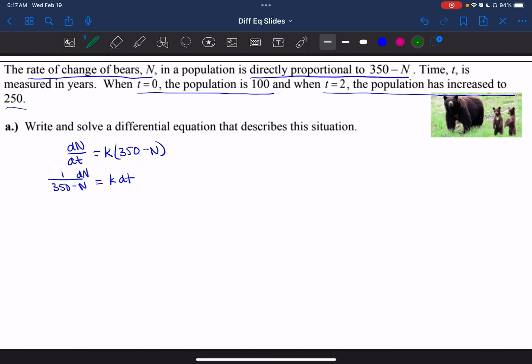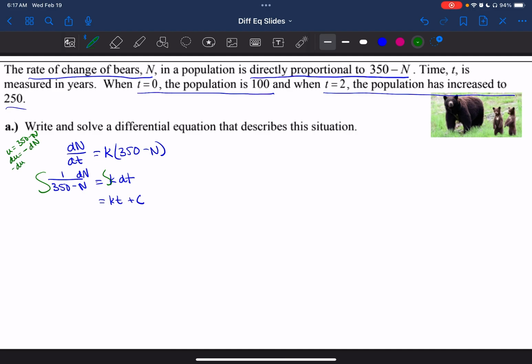All right, so let's integrate both sides. On the right, you're going to have kt plus c. On the left, you actually have to do a u substitution, whether you're doing this one in your head because it's kind of straightforward, or you're writing it out to the side. I would do u equals 350 minus n, which means that du is negative dn.